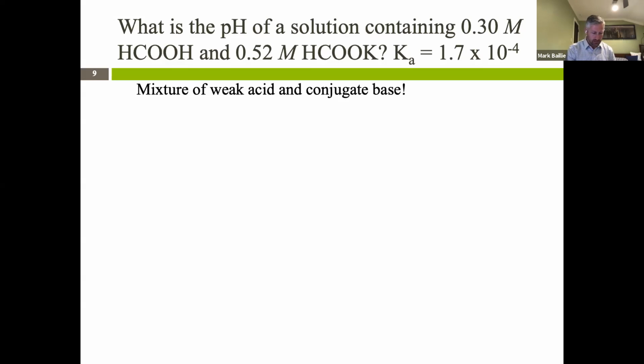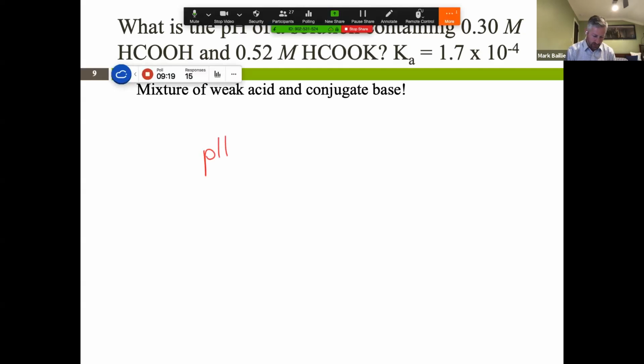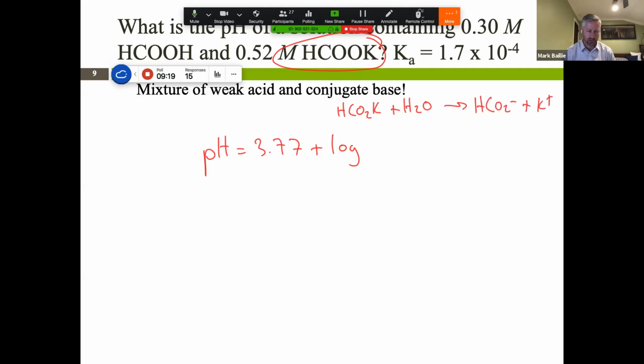So in this case, if we write it out, we have pH equals 3.77 plus log. When it's a plus log, remember it's always the concentration of the base. And the reason that this is a base, HCO2K plus water gives us HCO2 minus plus potassium plus.